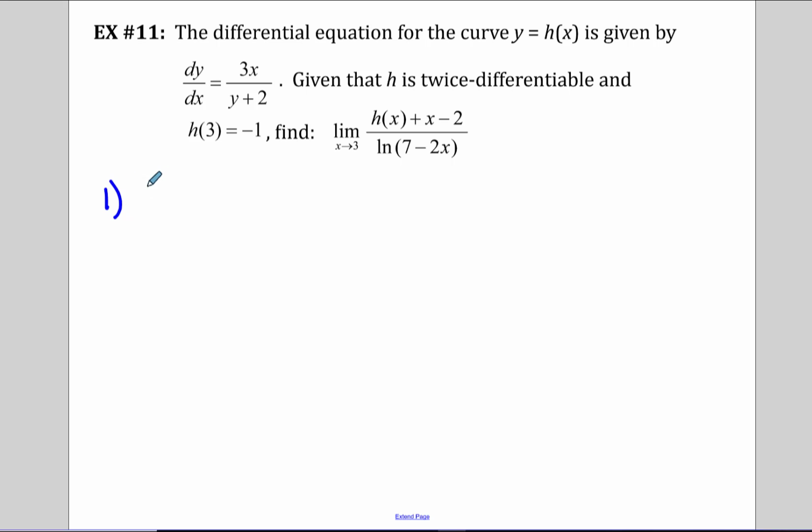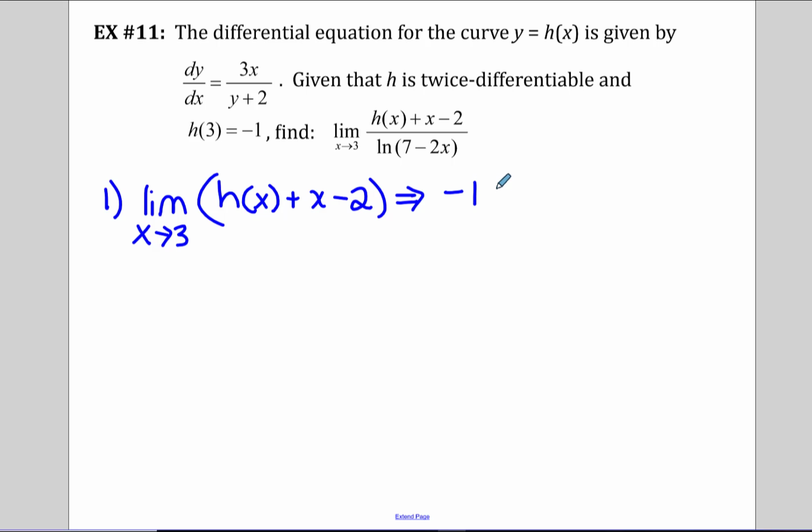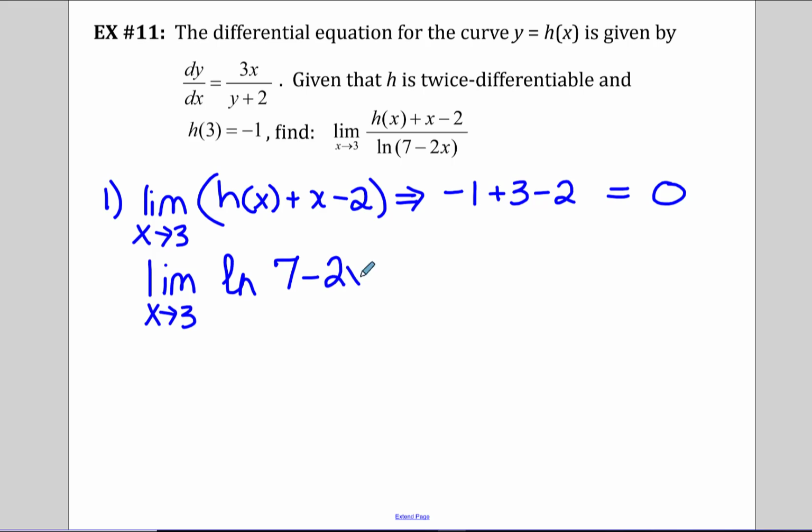So first things first, let's find the limit as x goes to 3 of h of x plus x minus 2, and that's going to be the h of 3, which is -1, plus 3 minus 2, so we get 0 in the numerator. And in the denominator, we have the natural log of 7 minus 2 times 3.